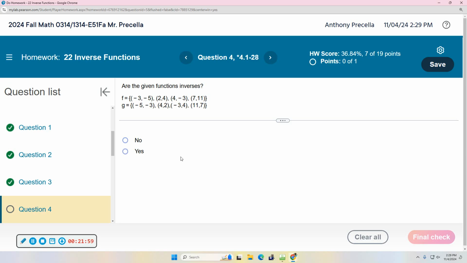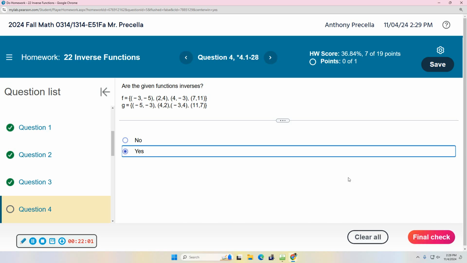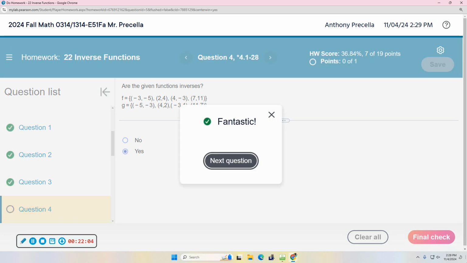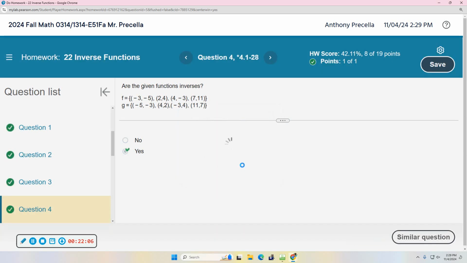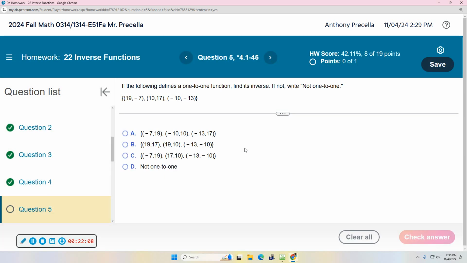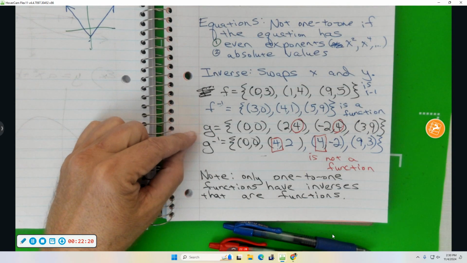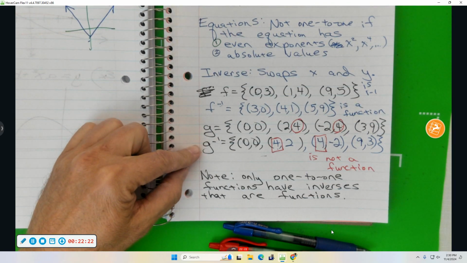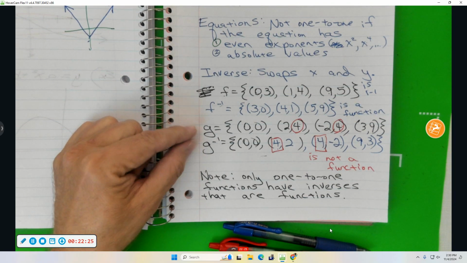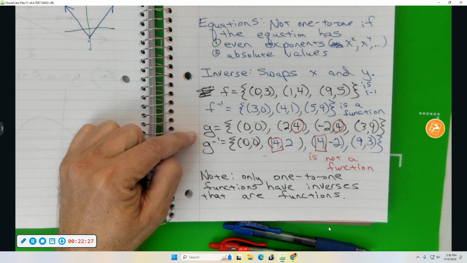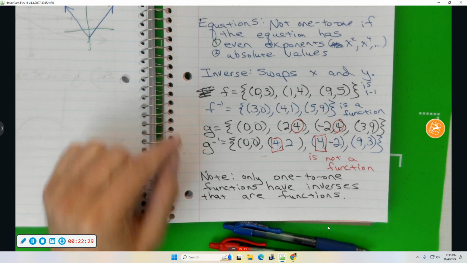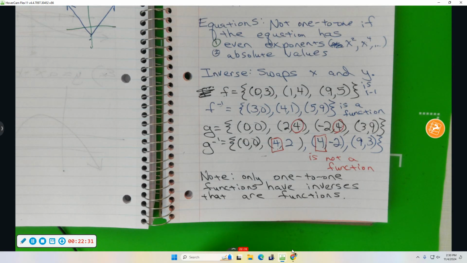Yes, they are inverses. Just reverse the ordered pairs. Oh, by the way, if you're finding inverses, we're only concerned about inverses that are functions. Something like this G here that wasn't 1-to-1, and then the inverse was not a function. If it's not 1-to-1, they don't want you to find the inverse. They only want the inverse if it's a function.